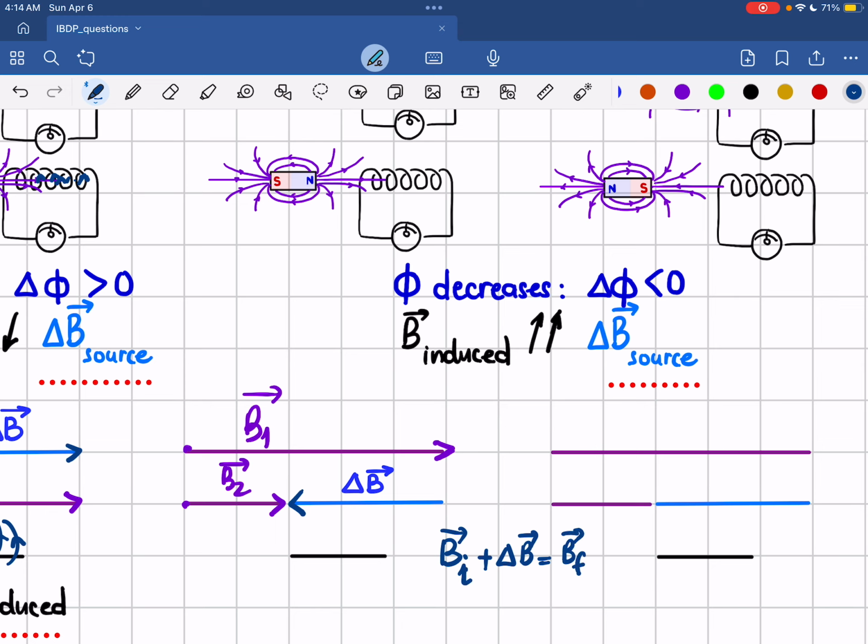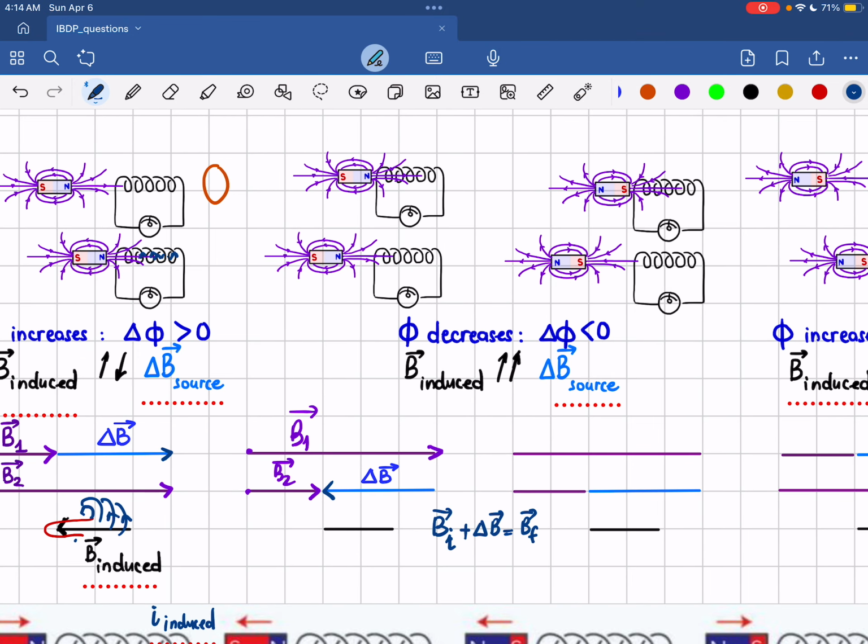Make sense, right? Okay, so again, now we see what happened in this case. What happened to the flux? Does it increase or decrease? It's decreased, right? This is less, it's decreased.